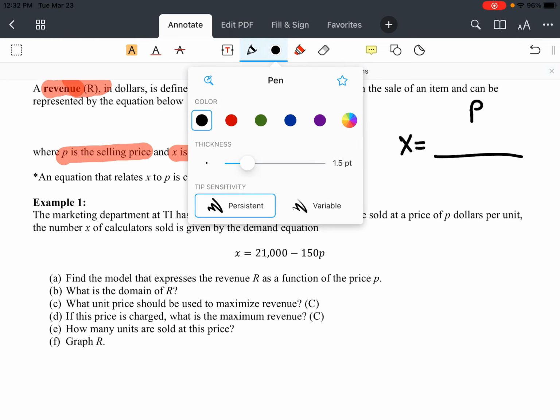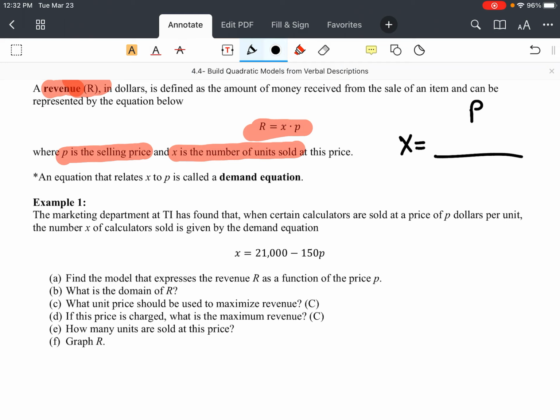It says that we have an equation. Okay, so it says the marketing department at TI has found that when certain calculators are sold at a price of P dollars per unit, the number X of calculators sold is given by the demand equation below. So we're going to be using this demand equation.